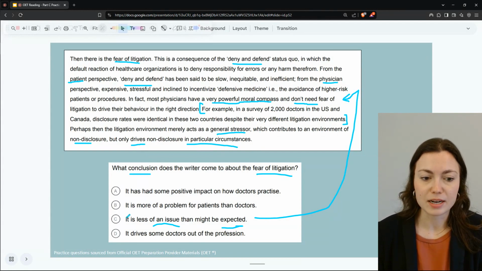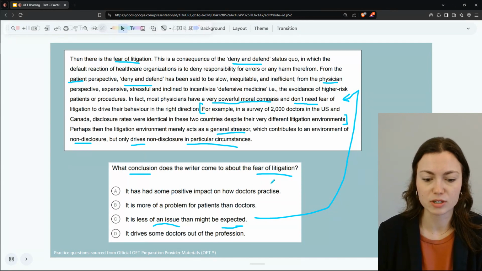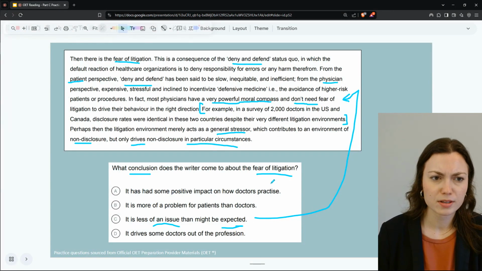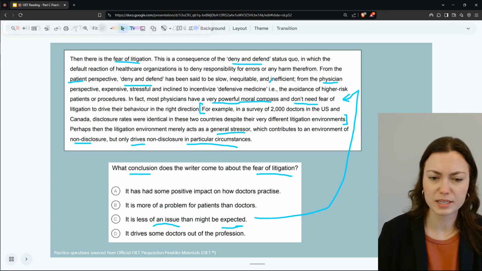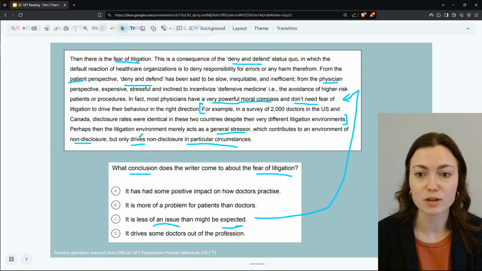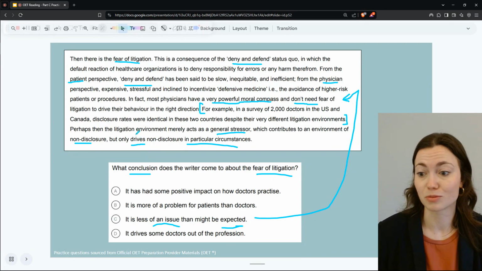Now, if we eliminate options here, it has had some positive impact on how doctors practice. Well, let's take a look there. The whole point here is the problem of non-disclosure due to the risks.